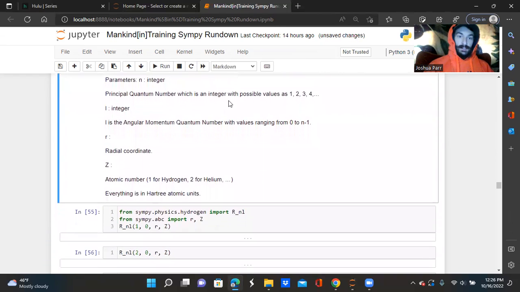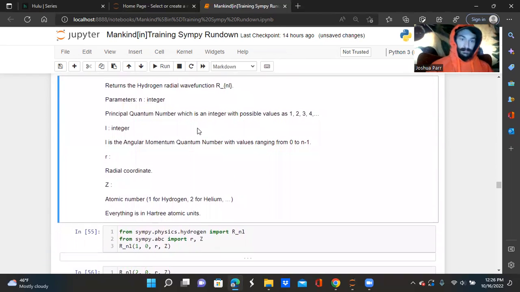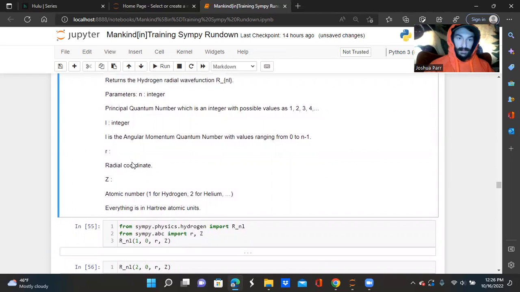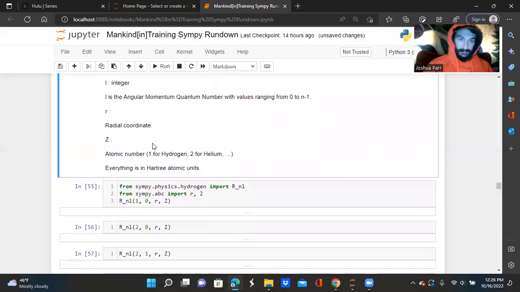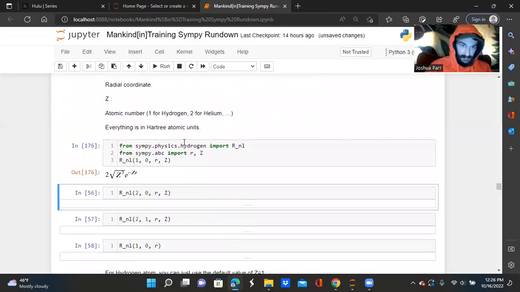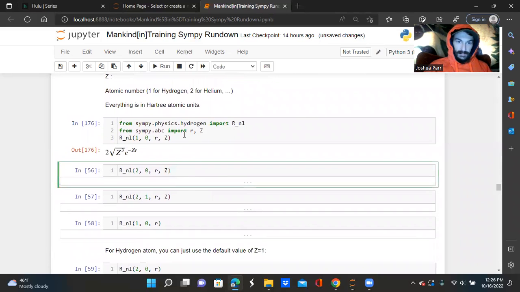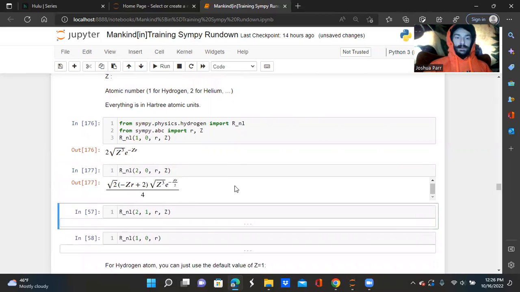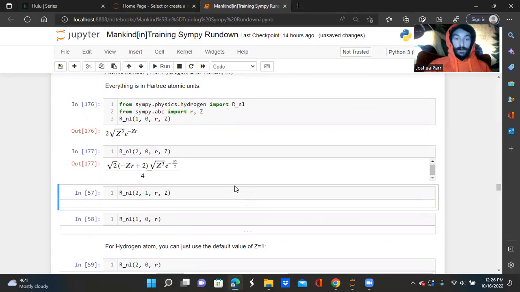This will return the hydrogen radial wave function. Again, we have angular momentum and a radial coordinate, and we have 2 times the square root of z cubed e to the negative zr. If I want 2, 0, you get the square root of 2 times negative zr plus 2 times the square root of z cubed e to the negative zr over 2 over 4.